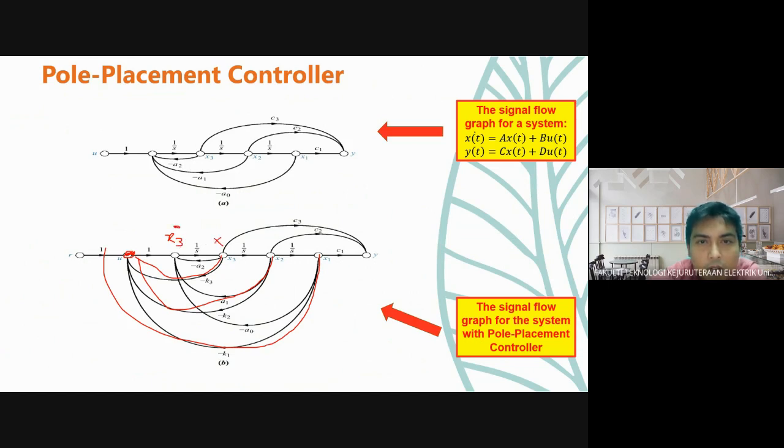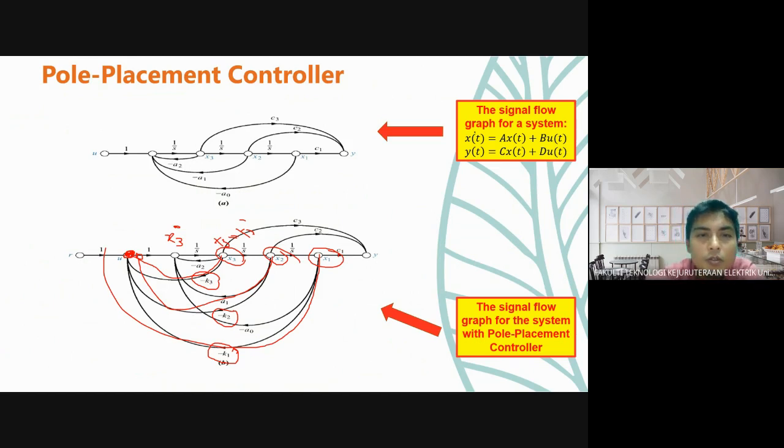This is your x3, equal to x2 dot. Right. So you can see that this is your new u. Okay. If you refer to x1, it will become negative k1. If this is x2, the feedback will be negative k2. If x3, the feedback will be negative k3.